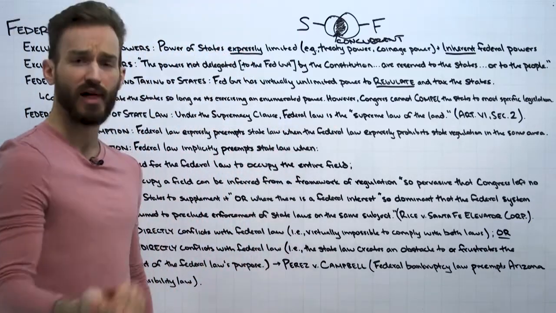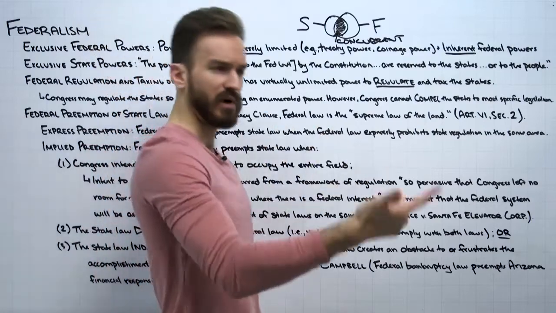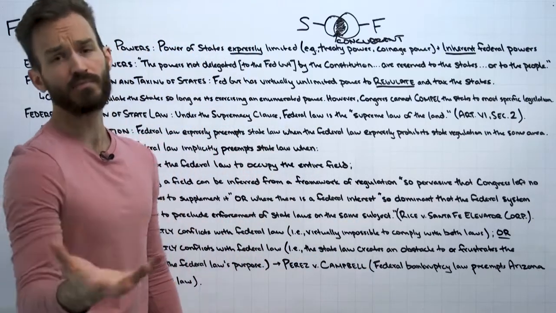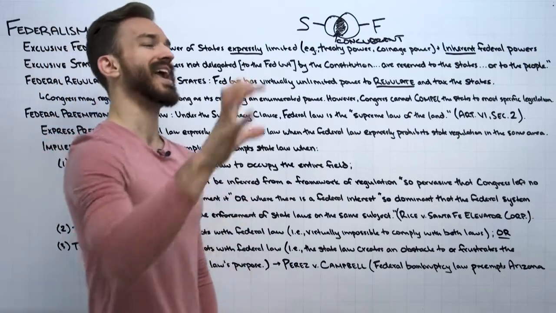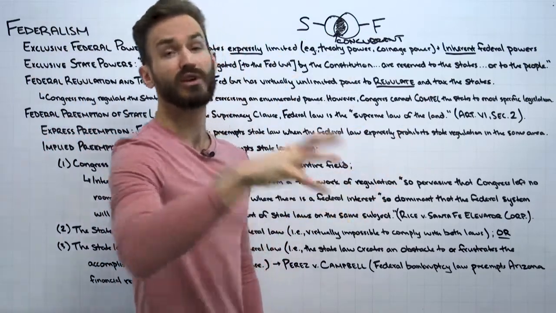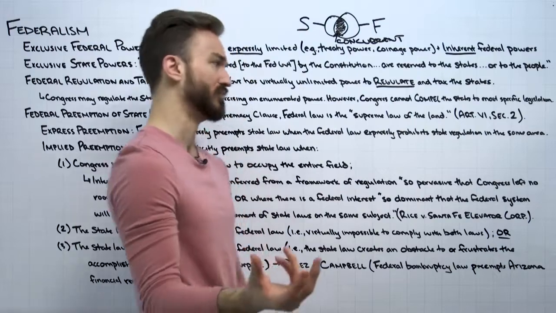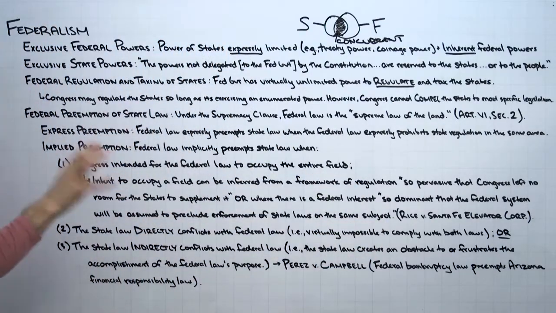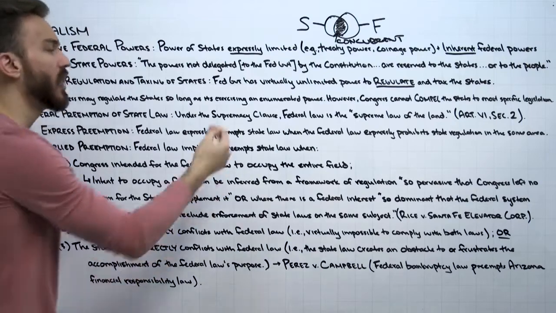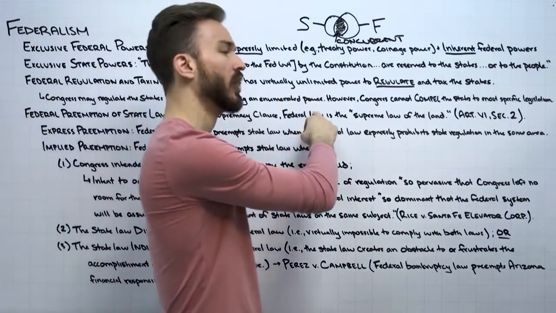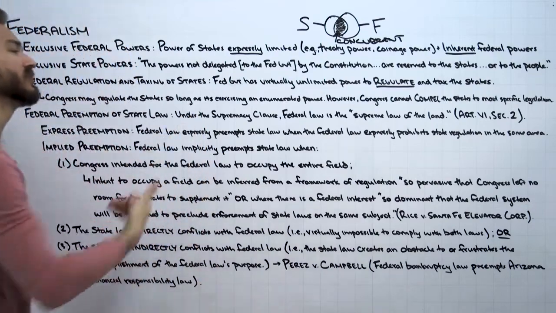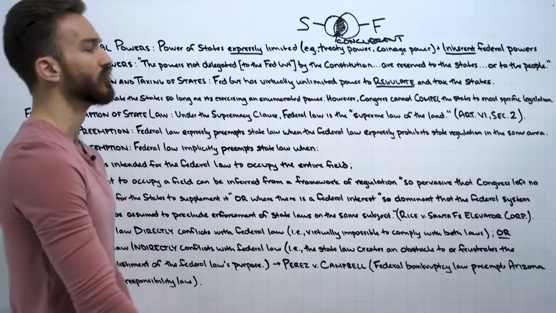It has to be relying on the taxing power, the spending power, the commerce power, the 13th, 14th, and 15th Amendment enforcement power. Maybe it's the necessary and proper clause in conjunction with another enumerated power. And we talked about all of those enumerated powers. But remember, yes, Congress does have to rely on an enumerated power when it's regulating the states. So long as it's doing that, though, it virtually has unlimited power to regulate.